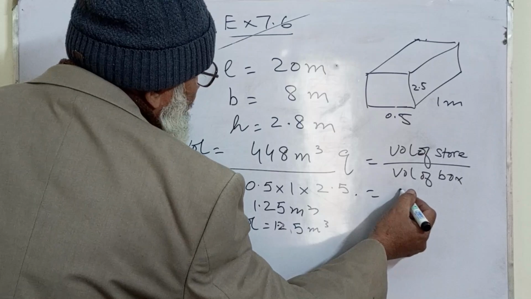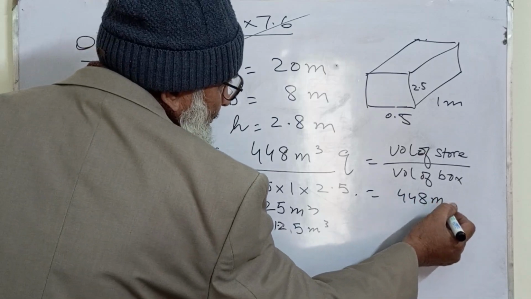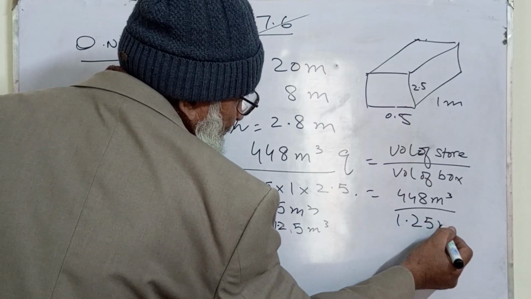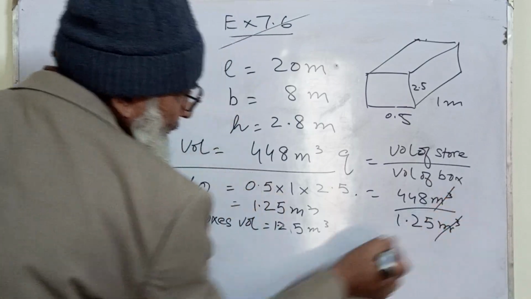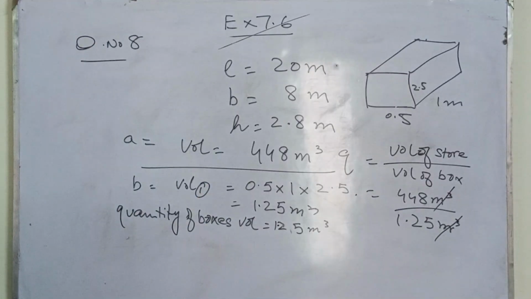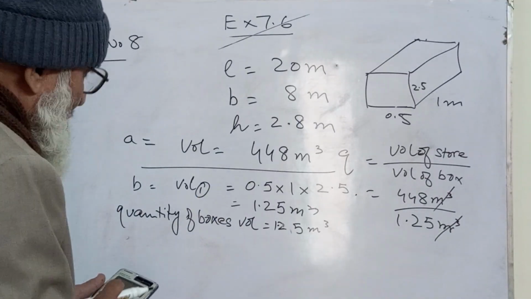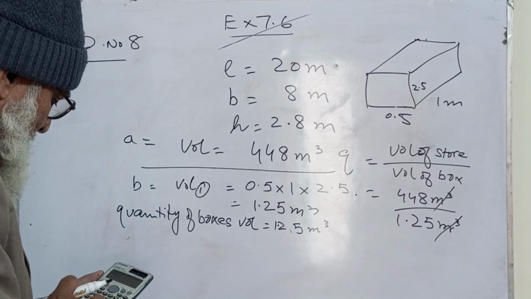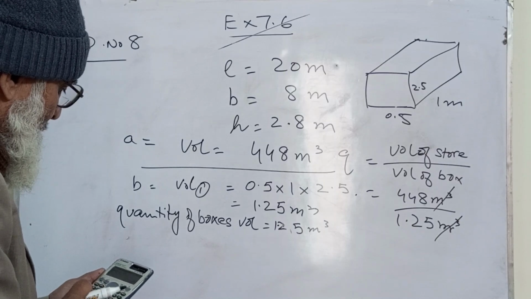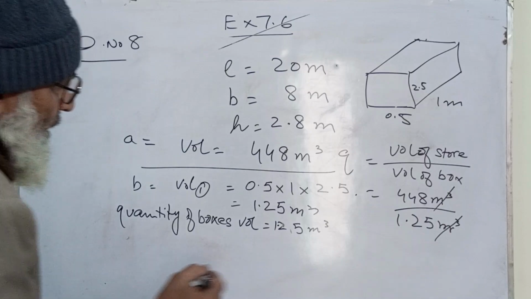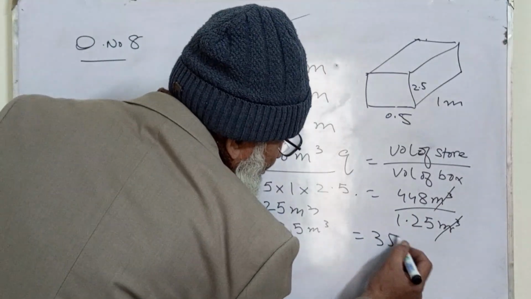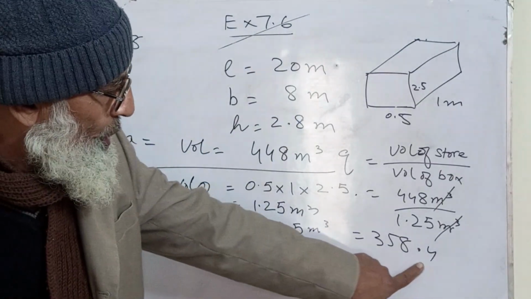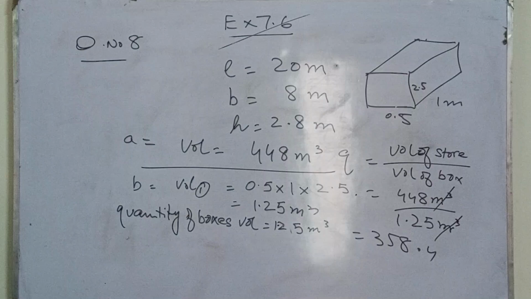It is equal to 448 meters cube divided by 1.25 meters cube. The units cancel, because quantity is in numbers. 448 divided by 1.25 is equal to 358.4. Now you cannot store 0.4 of a box, so the answer will be 358.